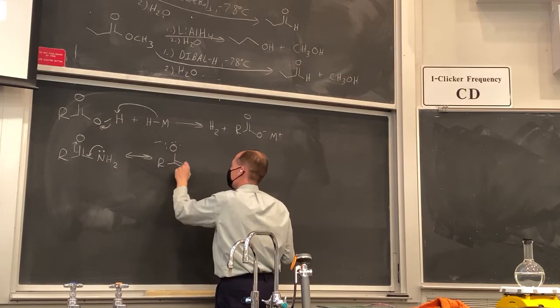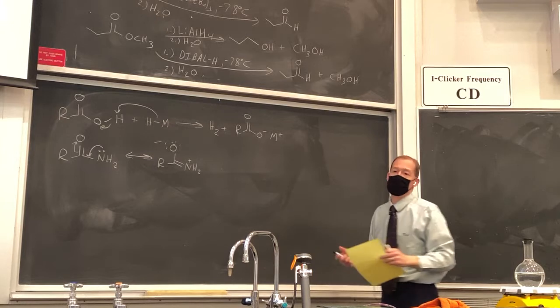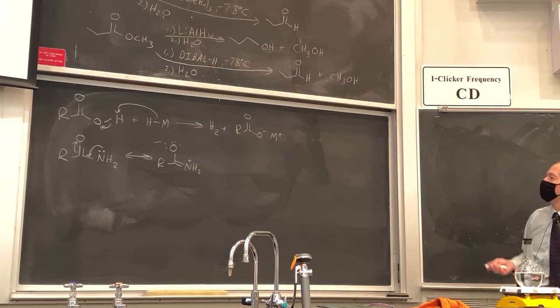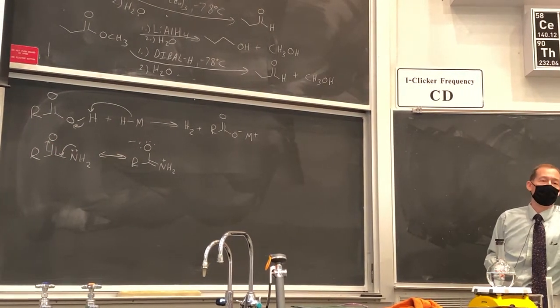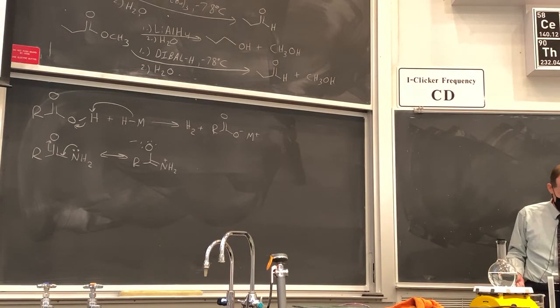So we have more electron donation from the nitrogen of an amide than we do from the oxygen of a carboxylic acid or any of its other derivatives. And so that decreases the electrophilicity of the carbonyl carbon of an amide, meaning that with amides as well, only lithium aluminum hydride will reduce it. Okay?